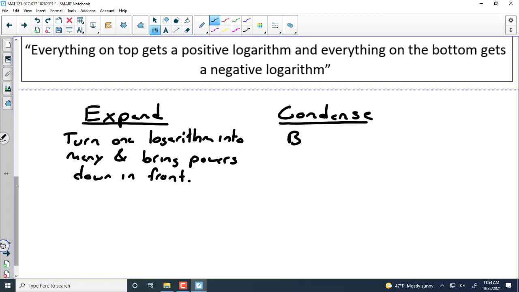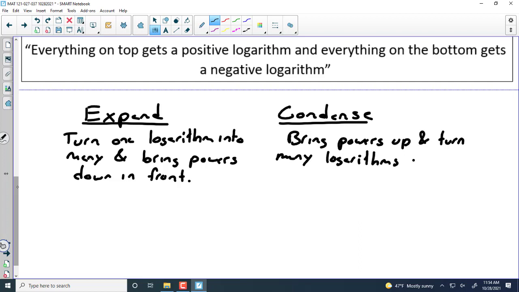Condense: bring powers up, and turn many logarithms of the same base into one logarithm. Expand. Turn one logarithm into many and bring the powers down in front using the power rule. Condense. Bring the powers up and turn many logarithms of the same base into one logarithm.